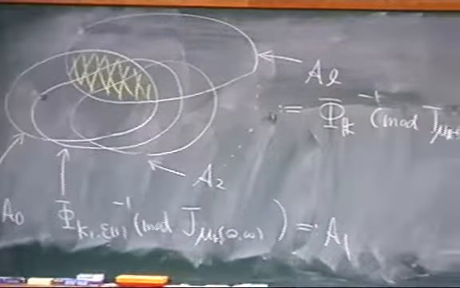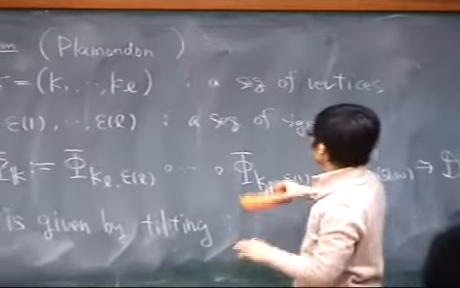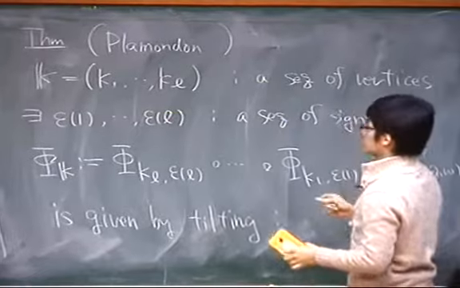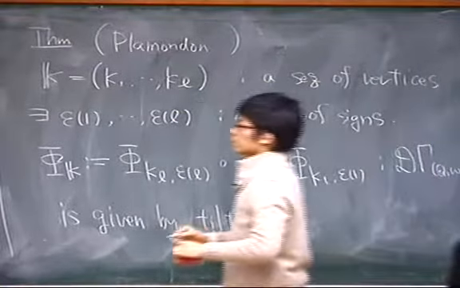Given any sequence of vertices, we can get a sequence of signs, I mean plus or minus, which determines which automorphism we will choose.